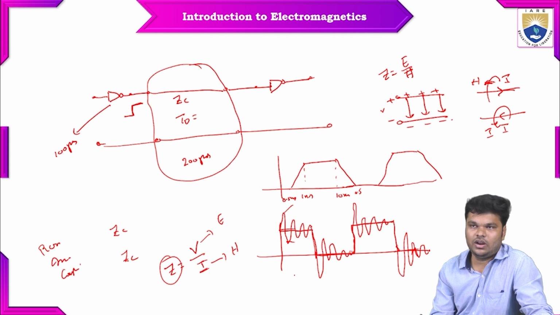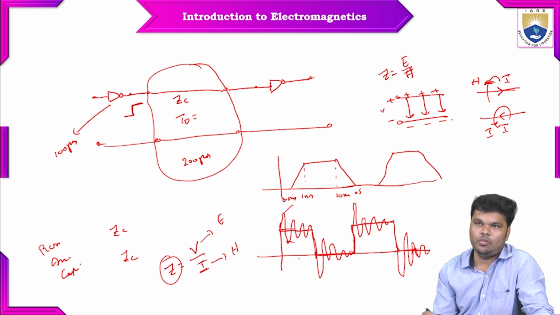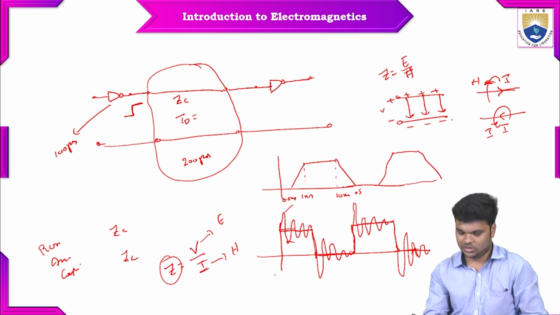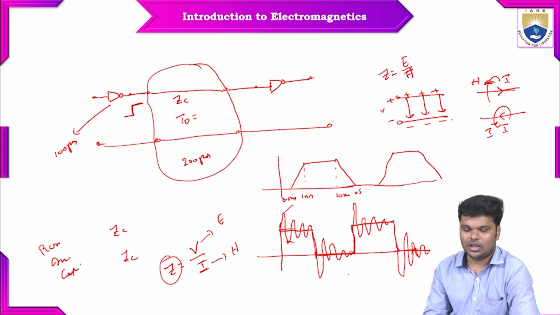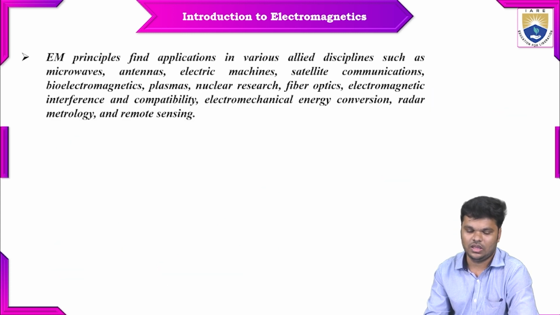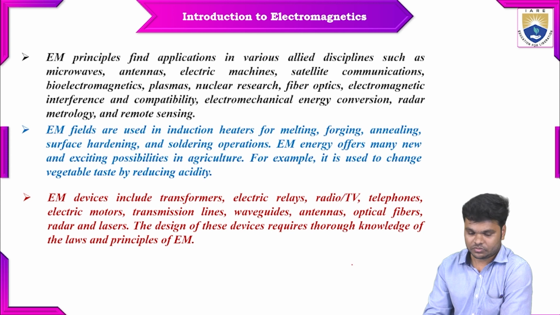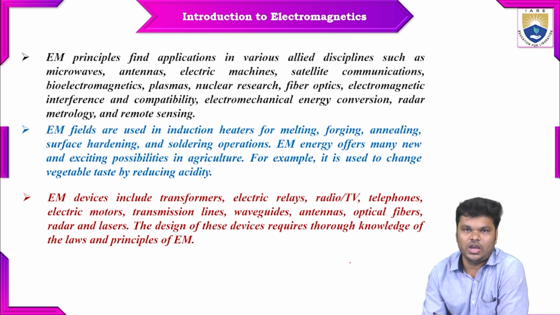Normal circuit theory does not consider all these things, whereas electromagnetic theory considers all of them and predicts the output properly. So this is the brief introduction of electromagnetics, and from this you know the importance of this course.